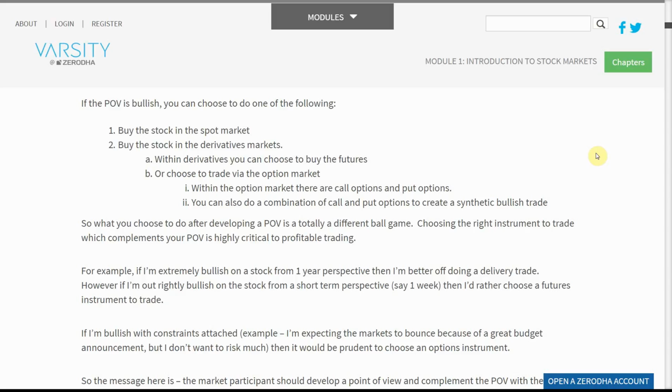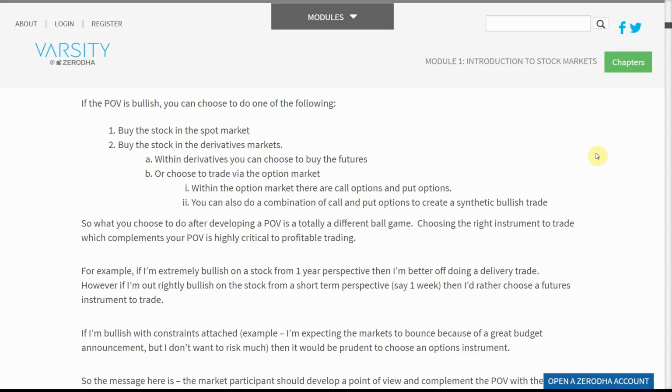Within derivatives, you can choose to buy the futures, or choose to trade via the option market. Within the option market, there are call options and put options. You can also do a combination of call and put options to create a synthetic bullish trade.